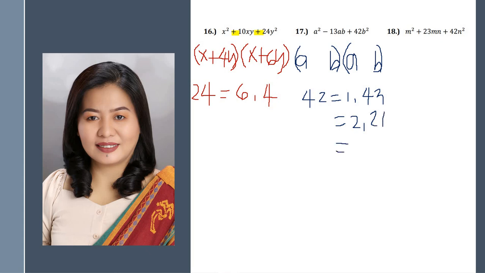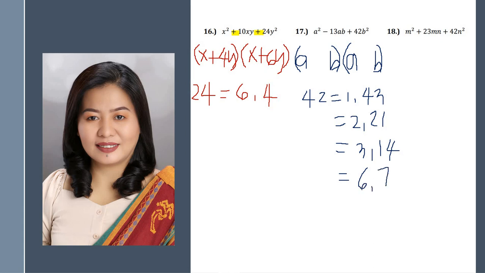So for 42, we have 2 and 21, 3 is also a factor, and that would be paired with, what do you think would be the pair of 3? 14, right? 4 is not a factor. 5 is not a factor. 6 is a factor. So 6 and 7.